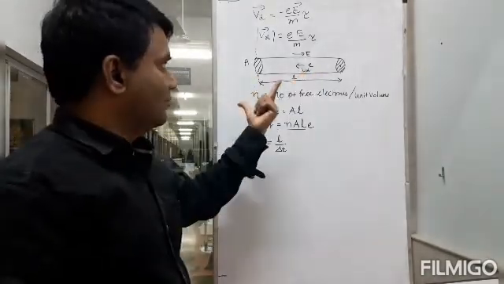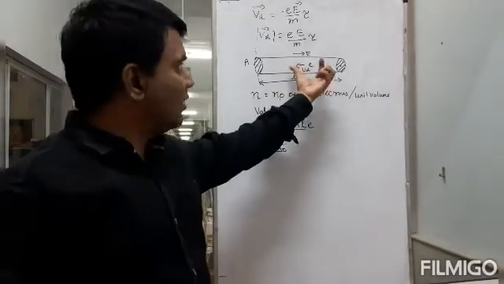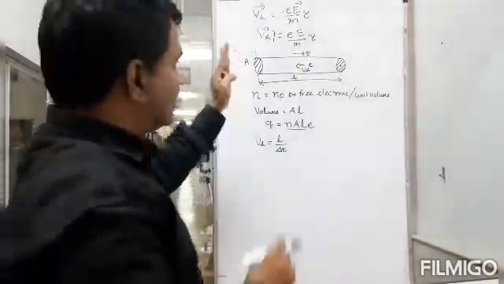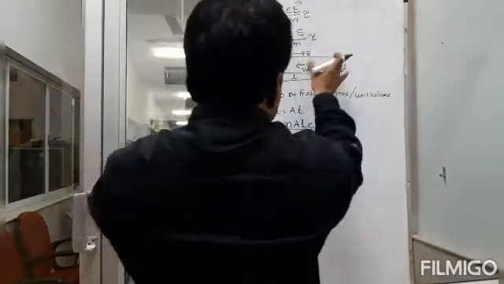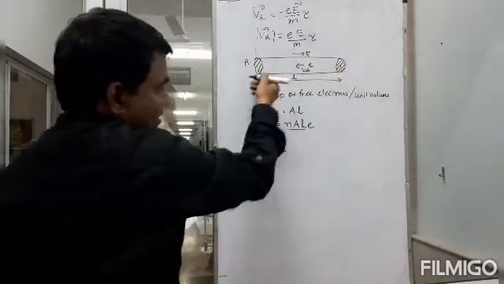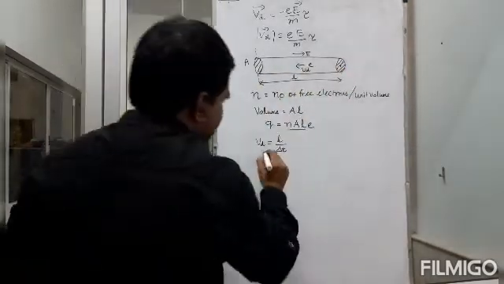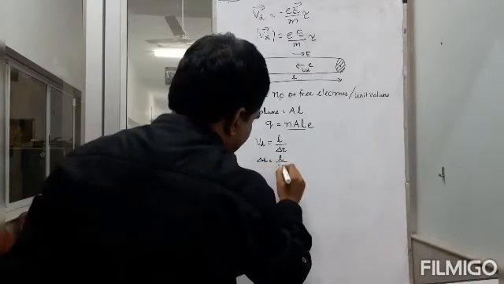That's the time it takes for all the electrons to leave. I start with the first electron, then I see when the last electron leaves. The last electron leaves at this time, delta t, because it has to cross this distance L. So delta t is equal to L by Vd.